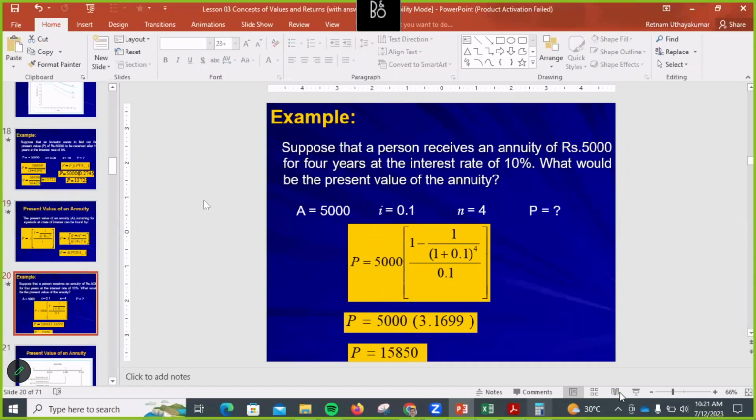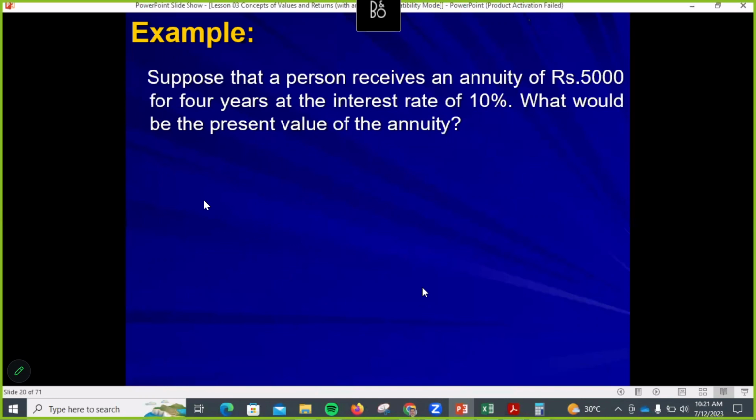Example given to you. Take down this example and find out the answer. Suppose that a person receives an annuity of 5,000 for 4 years at the interest rate of 10%. What would be the present value of the annuity?